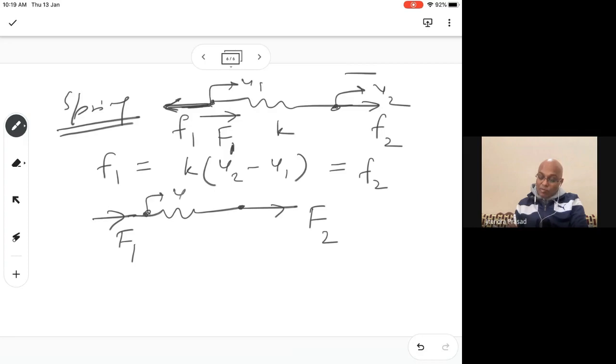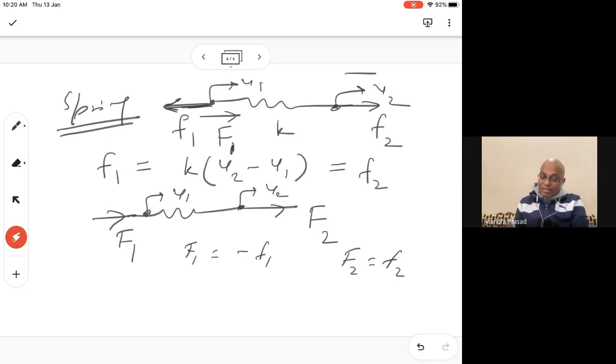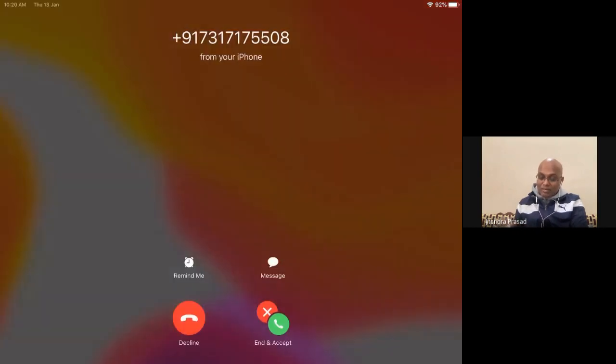Then you have U1 and U2. The capital F1 I wrote is nothing but minus F1, and F2 is equal to F2 only. The rest remains the same. So the first equation becomes minus F1 equal to K times U2 minus U1, right?